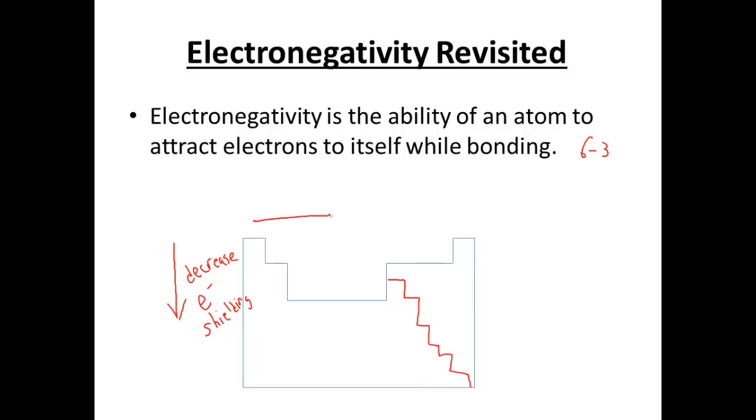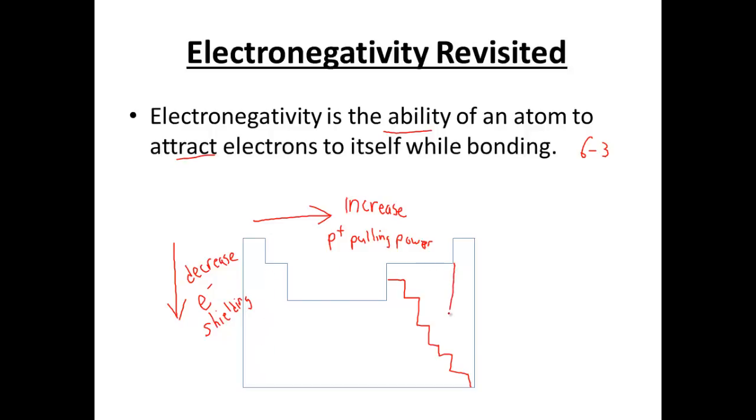And as we go across, the ability to attract electrons increases due to our proton pulling power. So make sure we put these notes down on this chart. Our ability to attract electrons as we move across increases, and as we go down decreases.